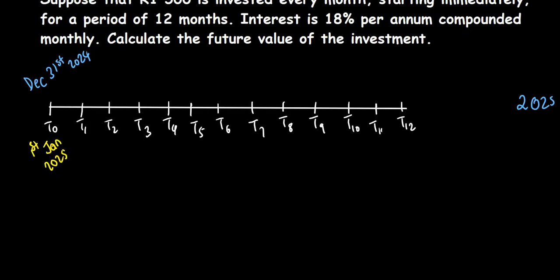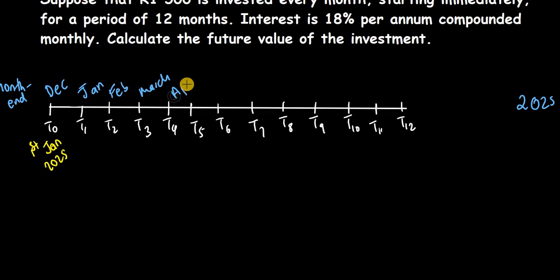What is much better here is to do it this way so that it doesn't become too long. At the top here, I'm saying month end. So month end of December last year, month end of January this year, month end of February this year, month end of March this year, month end of April this year.